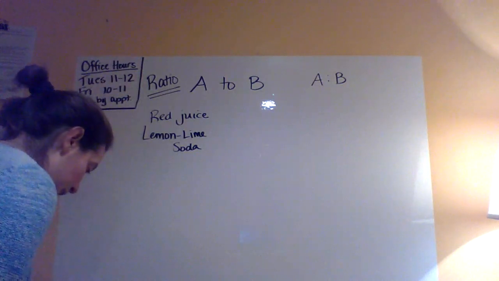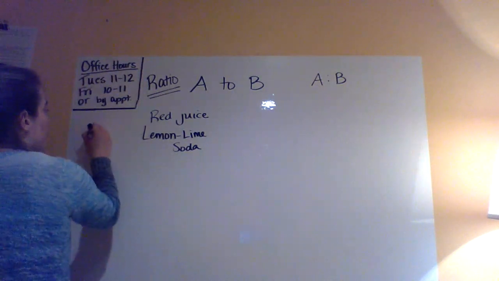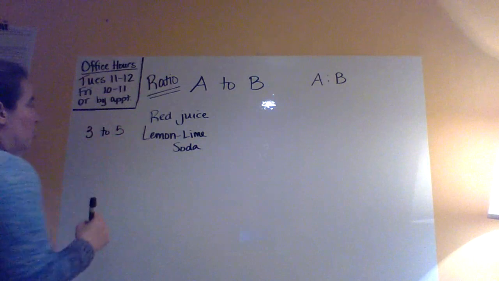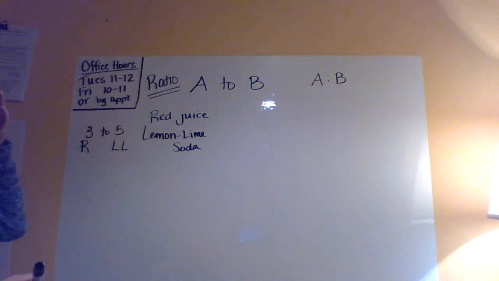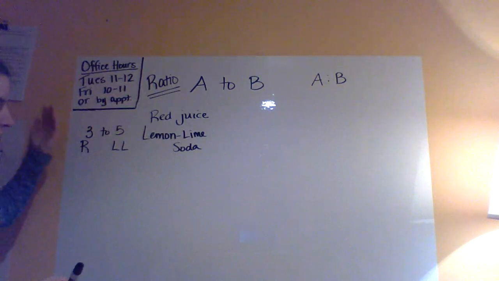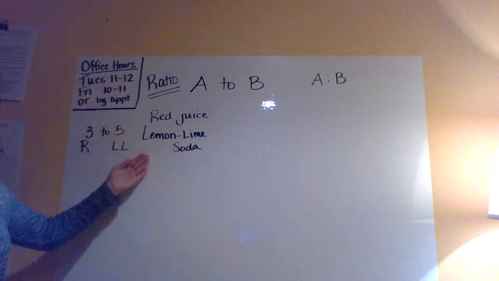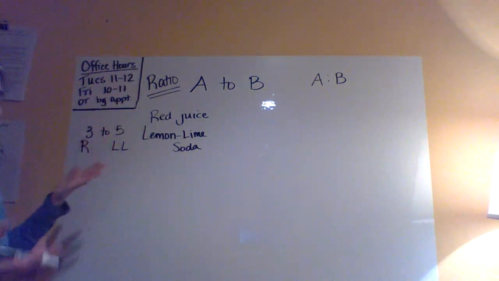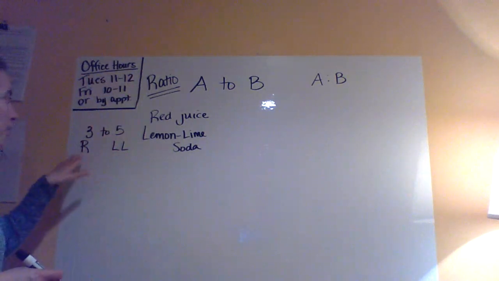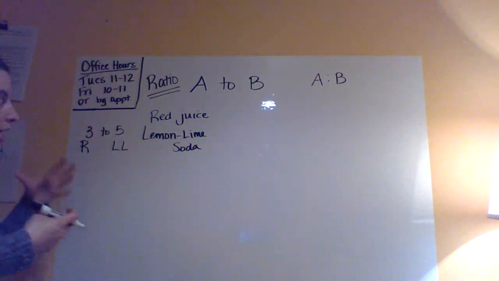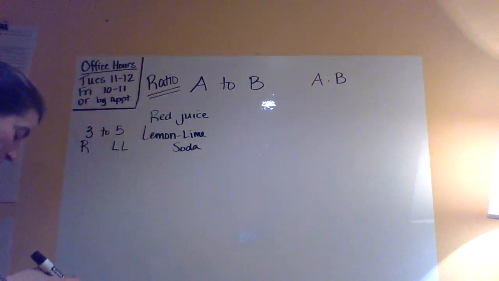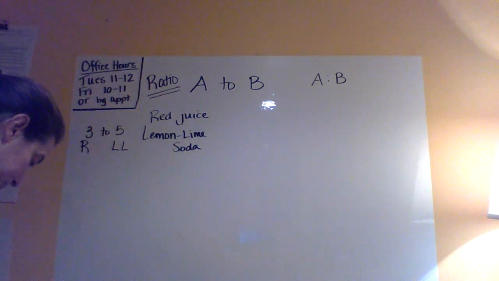Okay, and they're in a ratio of 3 to 5. So here's the red juice, and here's the lemon lime soda. So for every 3 cups of red juice, we're going to have 5 cups of lemon lime soda. Or it doesn't matter what the units are. We could say for every 3 drops of red juice I would put in 5 drops of lemon lime soda, right? It doesn't matter what the unit is. We're always going to have it in that ratio.